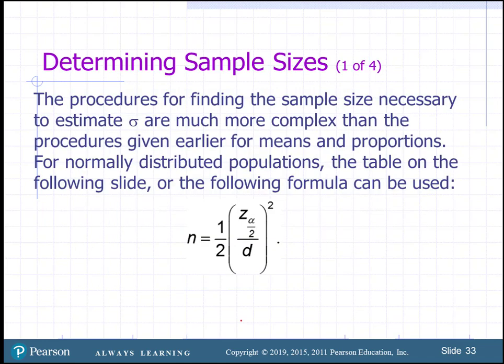Determining the sample size. This is more complicated than it was with the mean or the proportion. So what happens is we get tables to do this. If you are following along in your textbook, you can find the tables on page 338. Now I'm going to give you a hint.